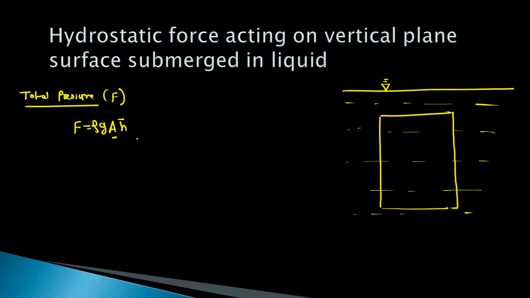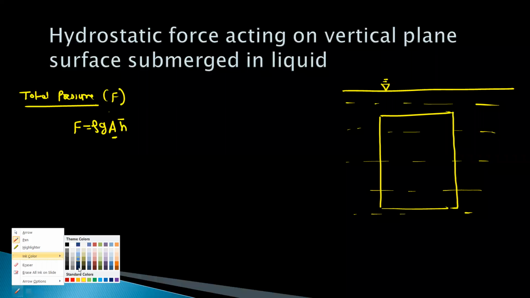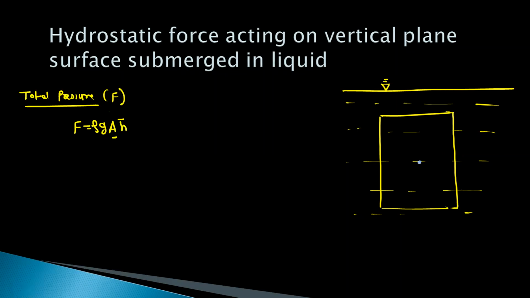H bar is the distance of center of gravity with respect to the free surface. So for this rectangle, we know the center of gravity. So the center of gravity will be exactly at the center. Okay. So if you measure the distance of this center of gravity with respect to the free surface, it is nothing but the H bar value. Okay, so this is the H bar value.